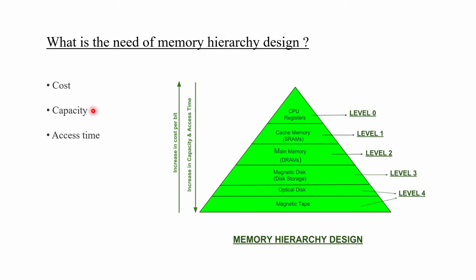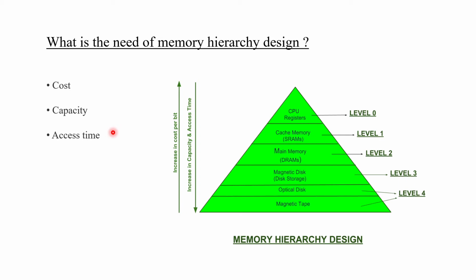And regarding capacity, that is the volume of data the memory can store, a large amount of data can be stored at the bottom levels. The capacity for CPU registers and cache memory is limited.